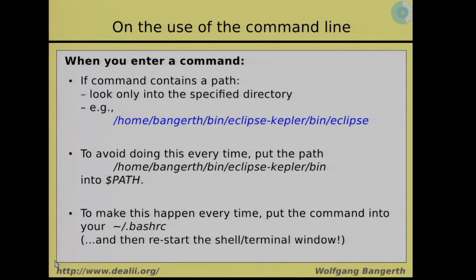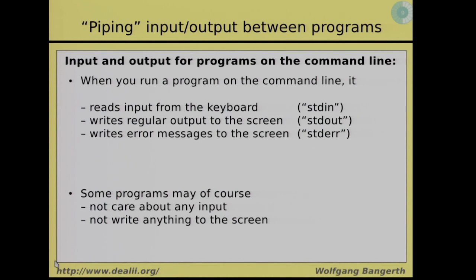When you run a program on the command line, it reads its input from the keyboard, unless you put the ampersand at the end, and it writes regular output to the shell window, and it writes error messages to the shell window as well. These are called the standard in, standard out, and standard error streams.